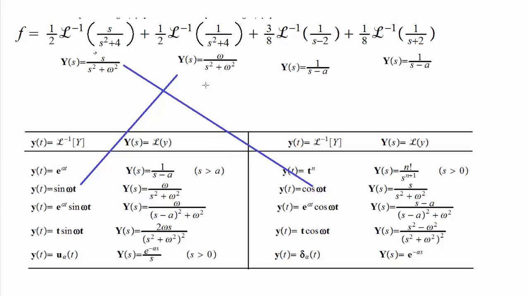Now, for this one here, we need a 2 in the numerator, which we can easily supply by just writing a 2 here, and we can pay for it here downstairs, right? So that 2, when we multiply by 2, will become a 4. So this will become what? Sine of 2t, and these two are straightforward, e to the 2t and e to the negative 2t.